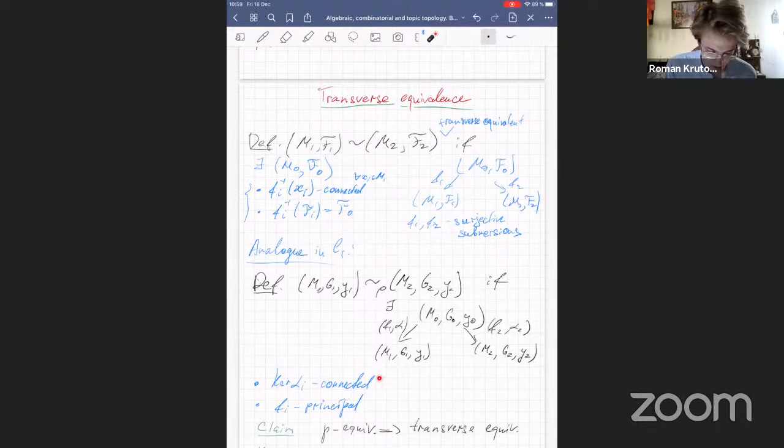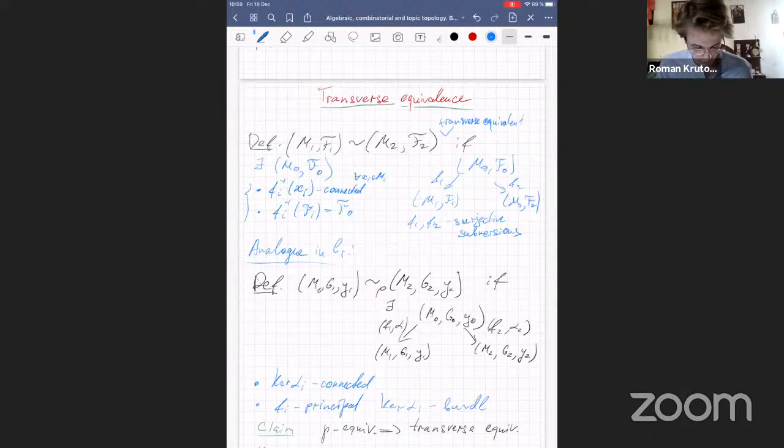First of them is that the kernel of alpha is connected, and the second is that each of Fi is a principal kernel alpha i bundle.